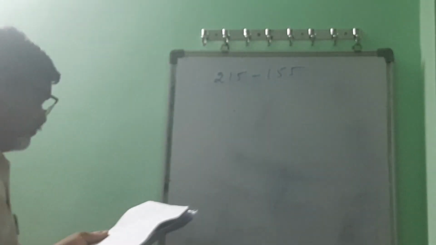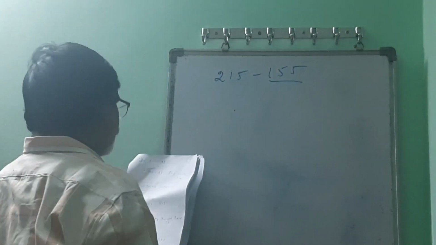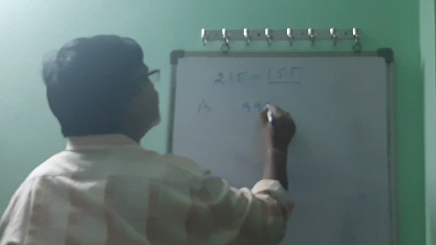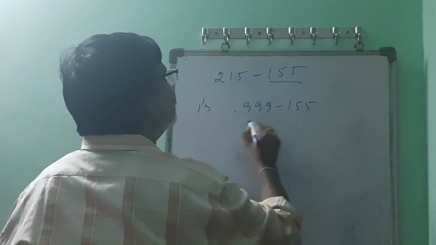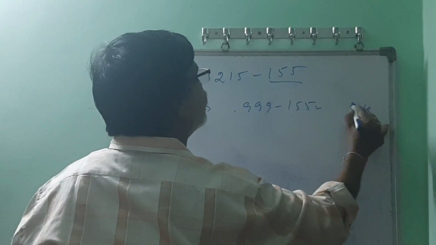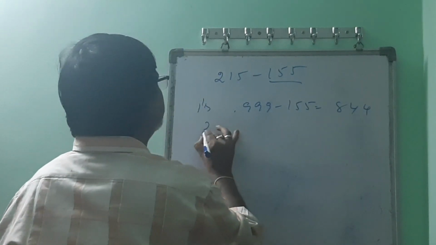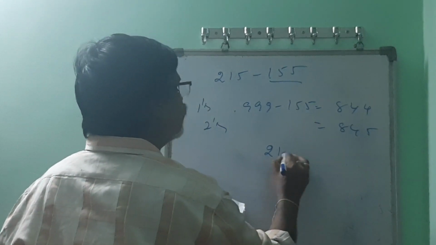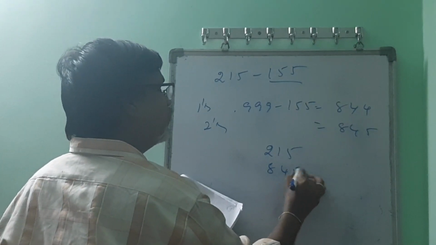For the second number, the 9's complement is 999 minus 155, which gives 844, and its 10's complement is 845.